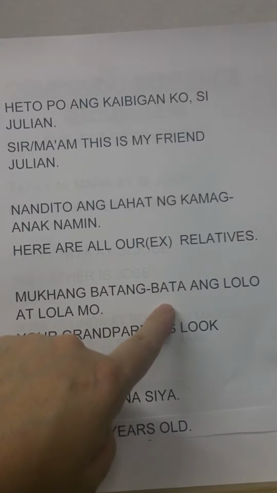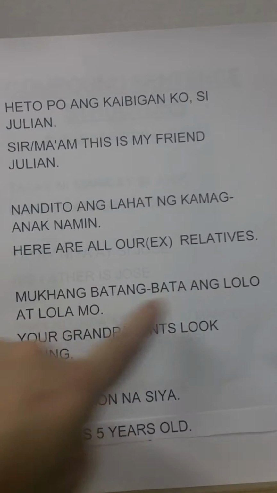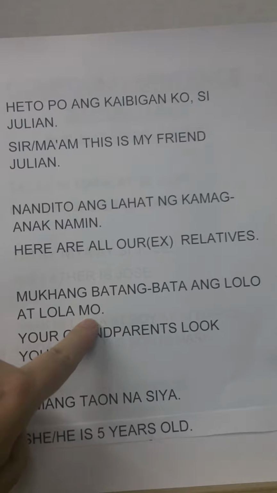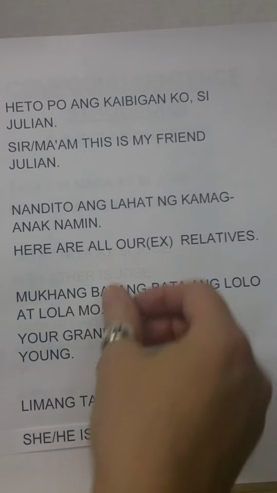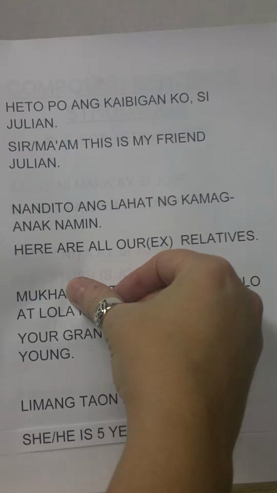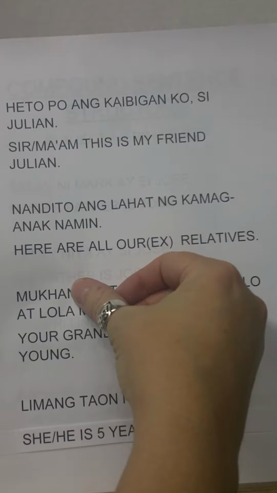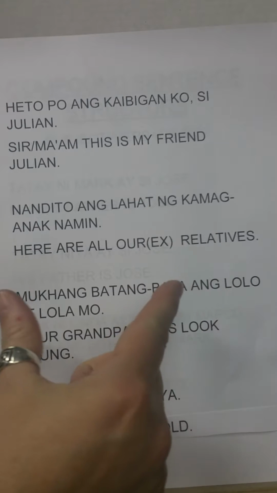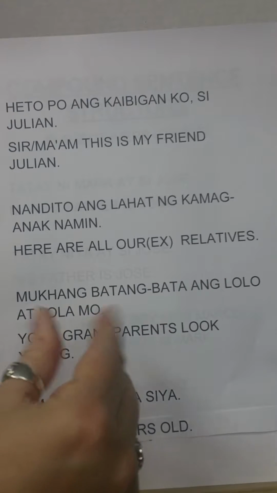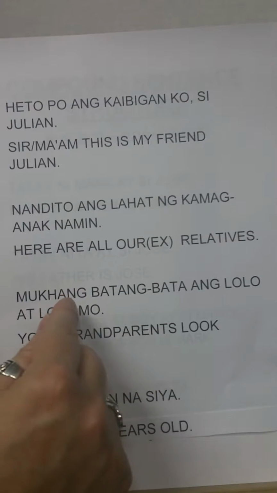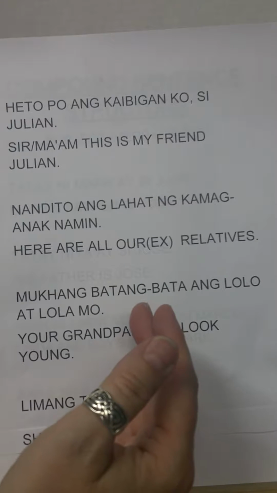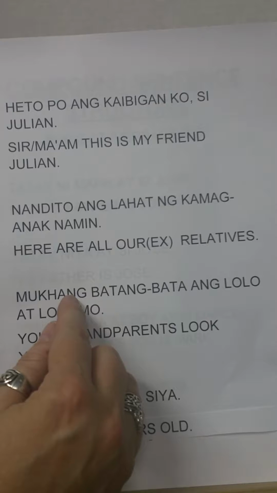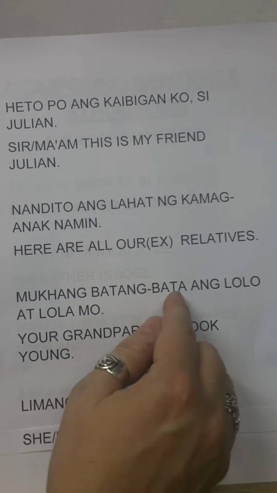Mukhang batang-bata ang lolo at lola mo. Your grandparents look young. Now, mukha is face. When you put the ang in there, that is the connective word to batang-bata. So this would be like the verb. So face is young, or very young.